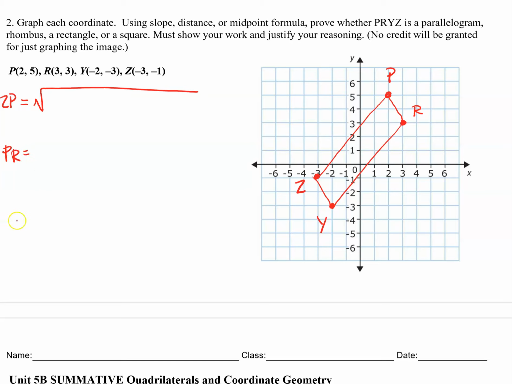So the first step is to find the distance of consecutive sides.